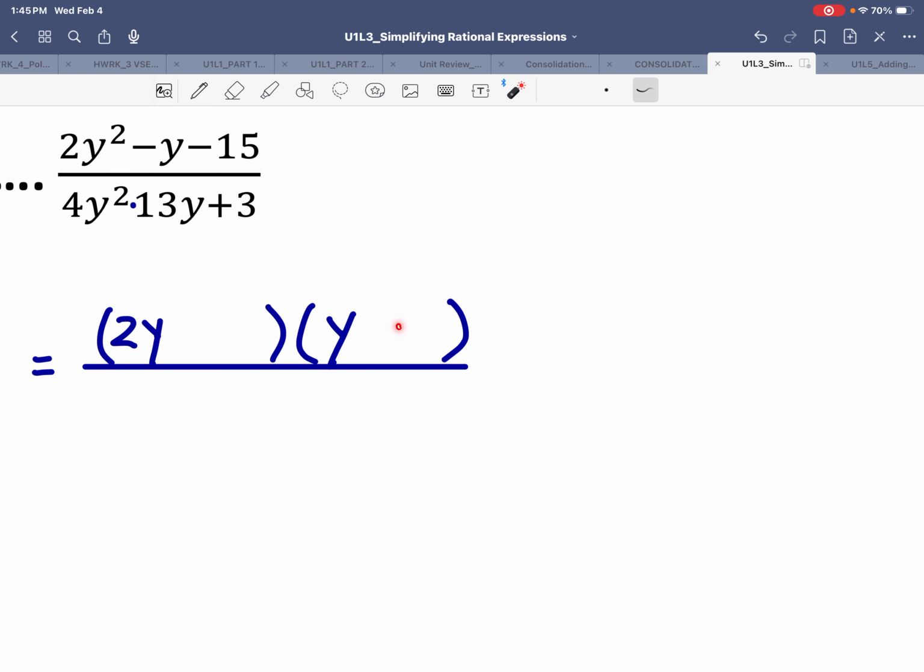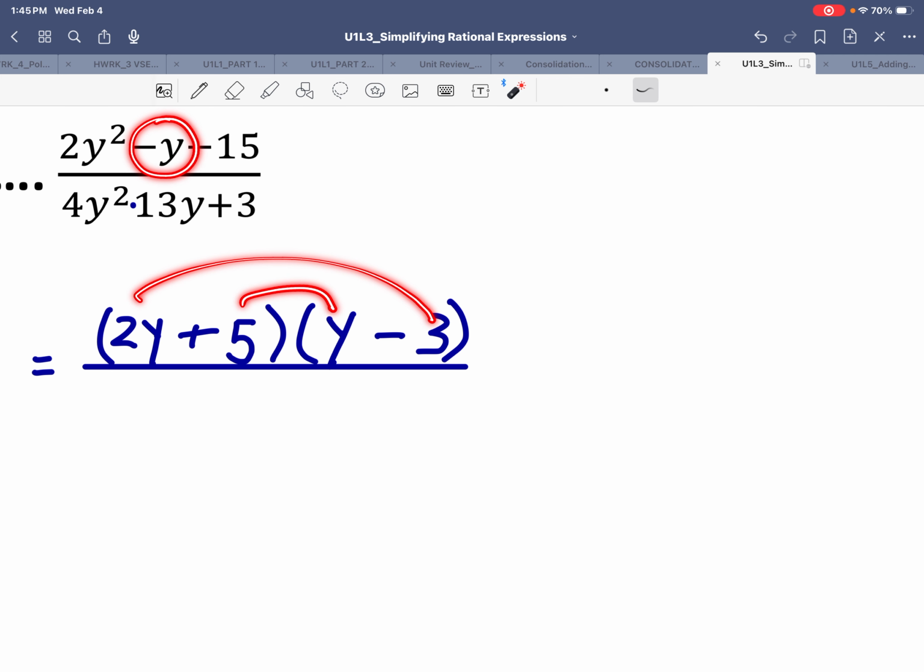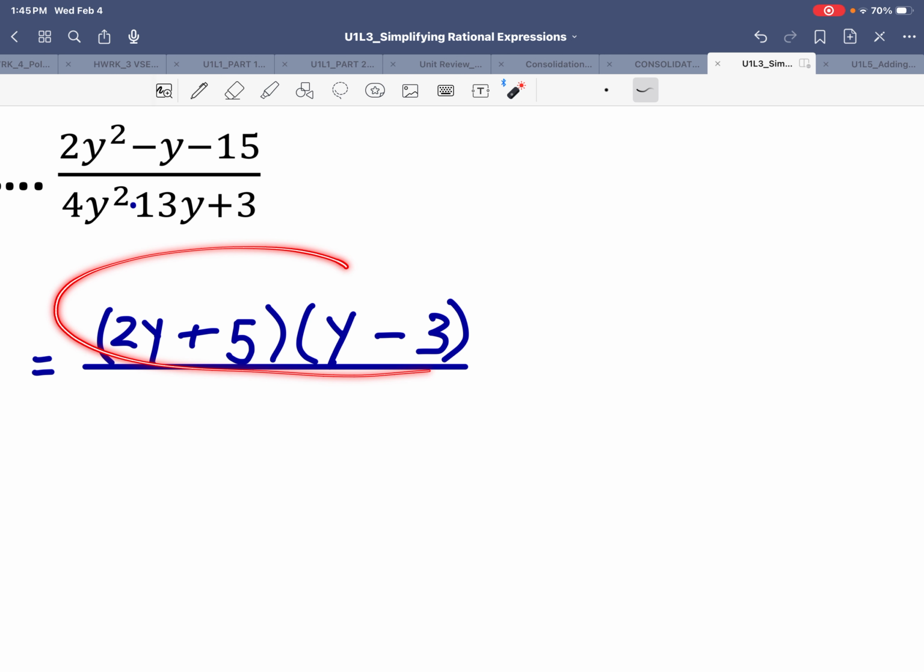So 15 is 3 and 5. So I'm going to try the 3 in here and the 5 in here. That should work out nicely. 6 minus 5. It looks like the middle term is negative. So negative 6y, positive 5y is a negative y. You can break down the middle term. Again, in simplifying rational expressions, you don't have to show the step-by-step process of how you factor.